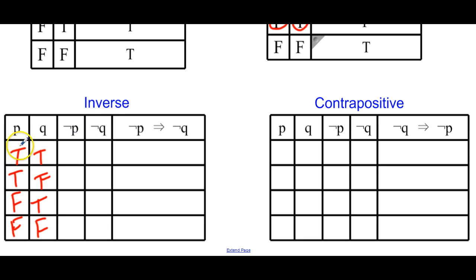So the not P's, we're looking at this column, right? So this is, let's say, the first column, and this is the second column. So the first column, not P, would be, let's do this in blue, false, false, true, and true, right? If we did not Q, this would be false, true, false, true.